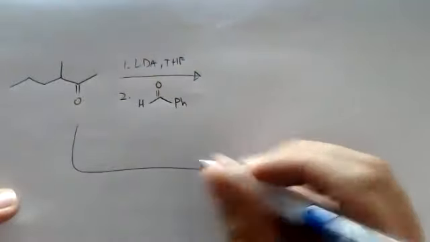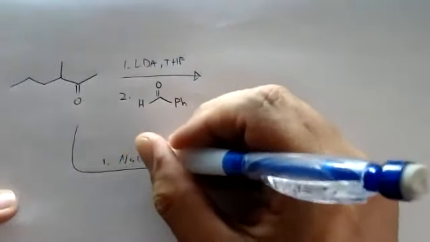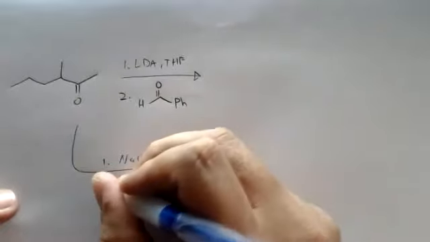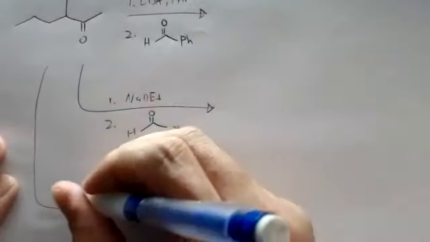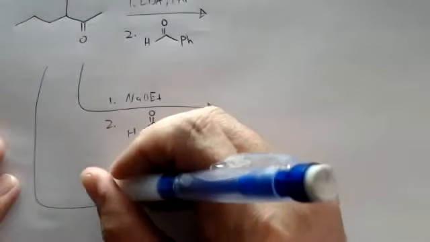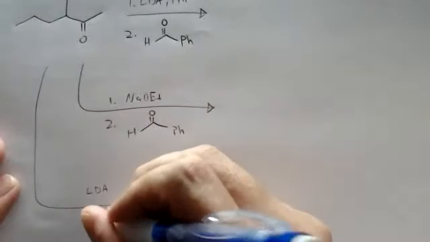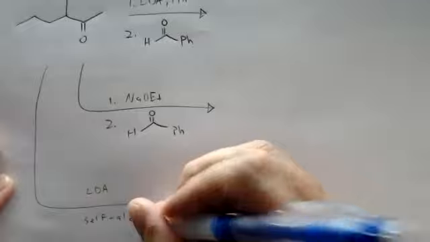And then we can change it to be NaOEt and the same. And I want to draw the self-aldol on this one too. Is that benzaldehyde? Yeah. Okay. Yeah, there should be enough aldol practice, I think.